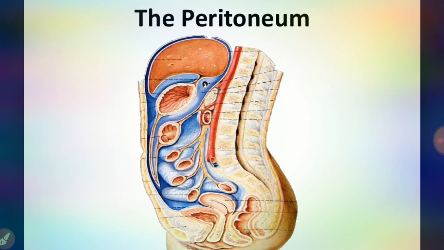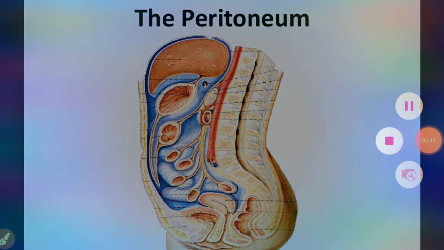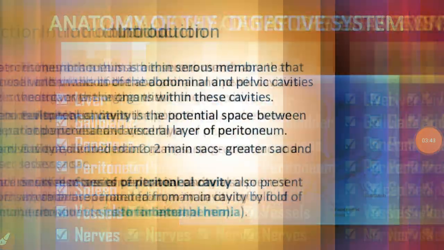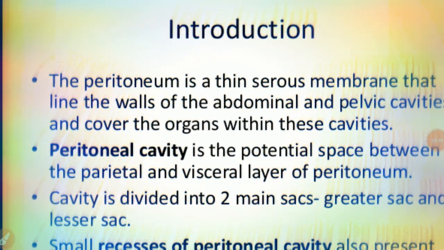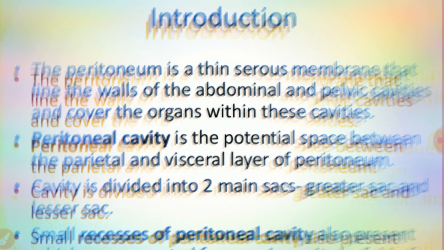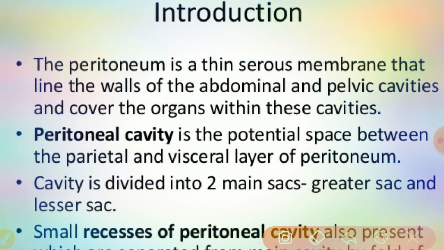Let me introduce the topic of the peritoneum in detail. Let's see the introduction of the peritoneum. The peritoneum is a thin serous membrane that lines the walls of the abdominal and pelvic cavities. Not only does it line the walls of the abdominal and pelvic cavities, it also covers the organs within these cavities.